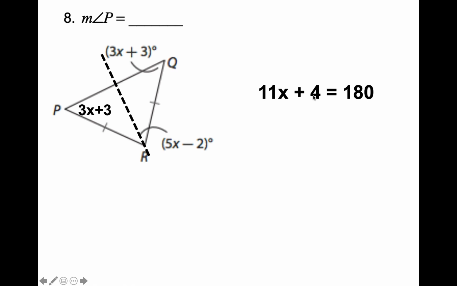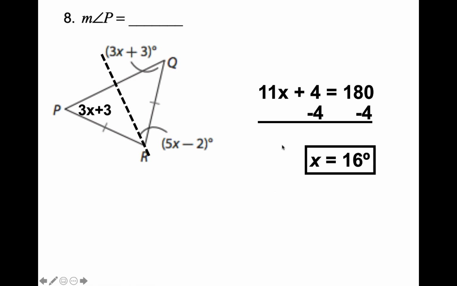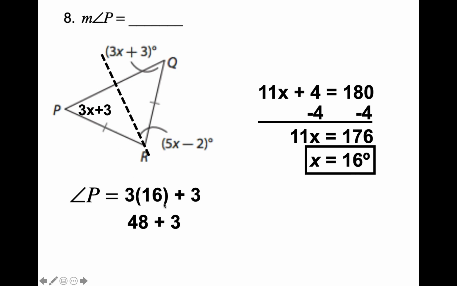And then that equals 180. Subtract the 4. I get 11x equals 176. Divide by 11, I'm going to get 16. Now I am looking for angle P. Angle P is equal to 3 times the x value, which is 16, plus 3. So 3 times 16 is 48, plus 3 is 51. So angle P is 51 degrees.